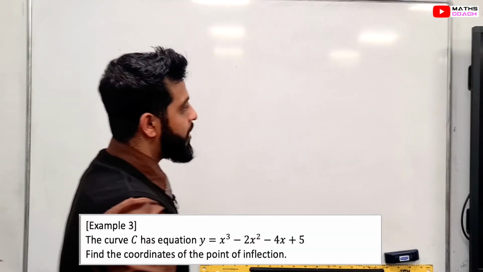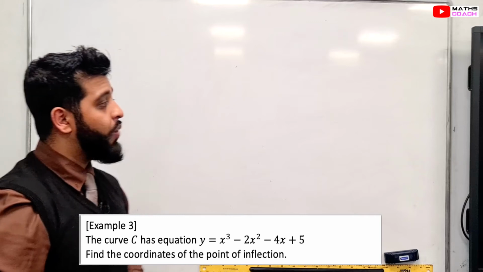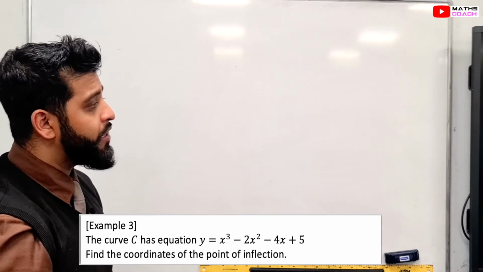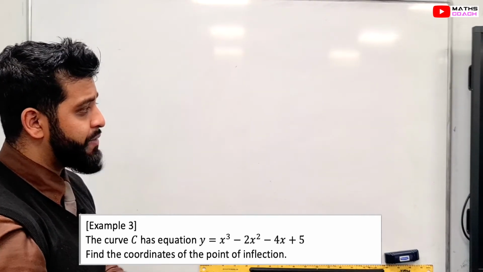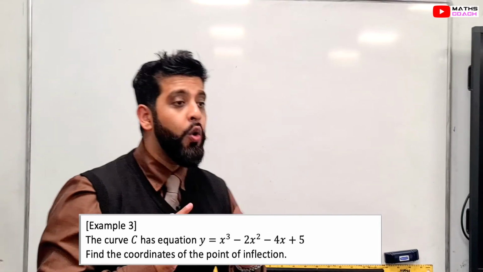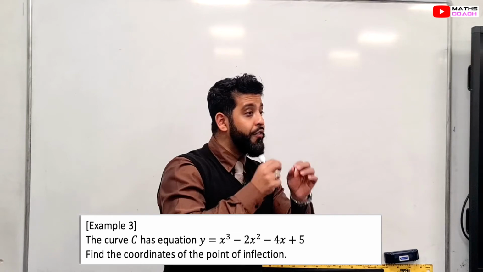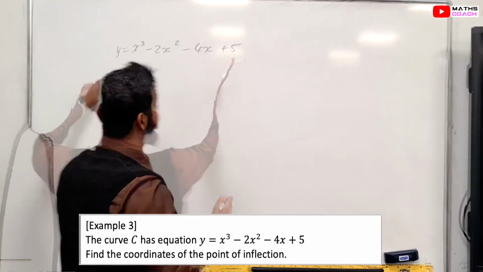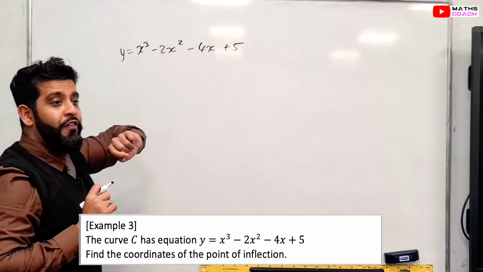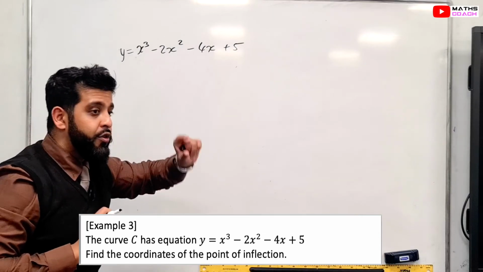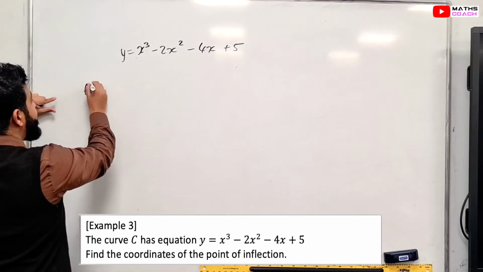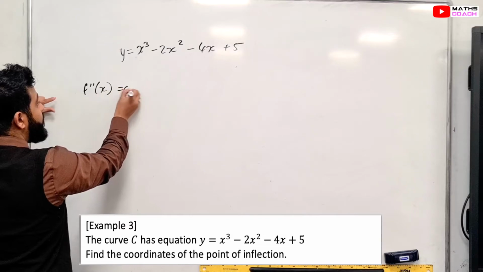So let's have a look at the last question. It says the curve C has an equation y is equal to x cubed minus 2x squared minus 4x plus 5. Find the coordinates of the point of inflection. So because we want to find the point of inflection, what do we have to write down first? The second derivative is equal to 0.